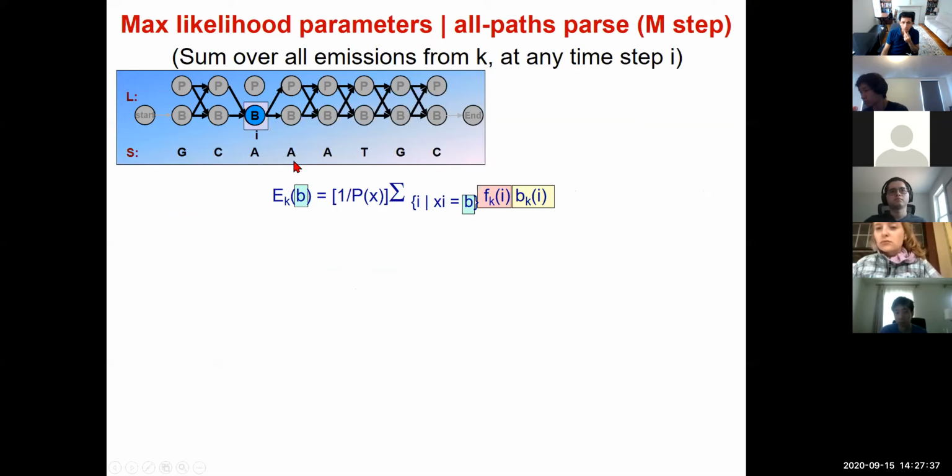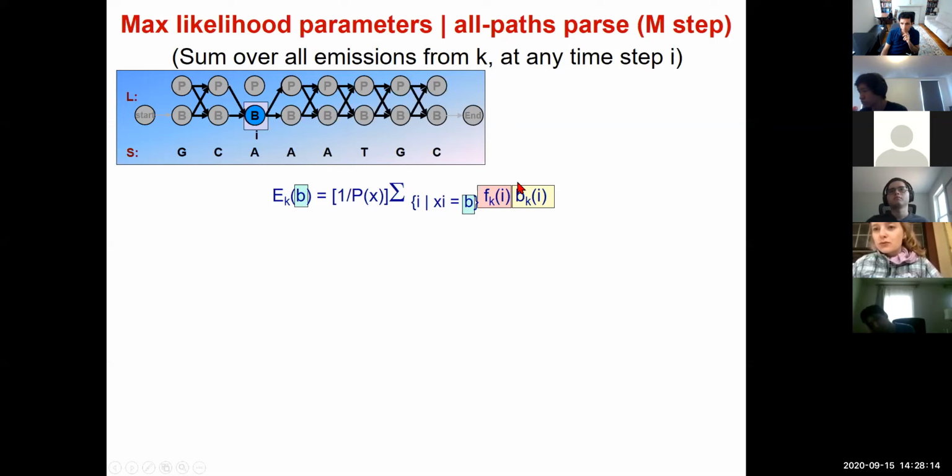And then my maximum a posteriori estimate of my parameters of emitting character B from state K is going to be, of course, normalizing by the total forward sum at the end or backward sum at the beginning, dividing by P(x), and that's given by the forward or backward algorithm. And then we're going to be summing for all i's where the observation at position i is B. Super trivial.